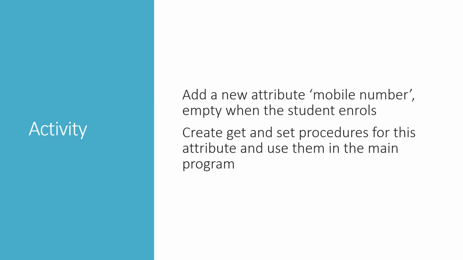Then create get and set procedures that allow you to view and add the values for this attribute, and use these in the main program so that as well as entering the 3 courses for the student, we enter their mobile phone number, and then at the end of the program, when we print out the student, the course list, and then print out their mobile number, and use encapsulation for this.